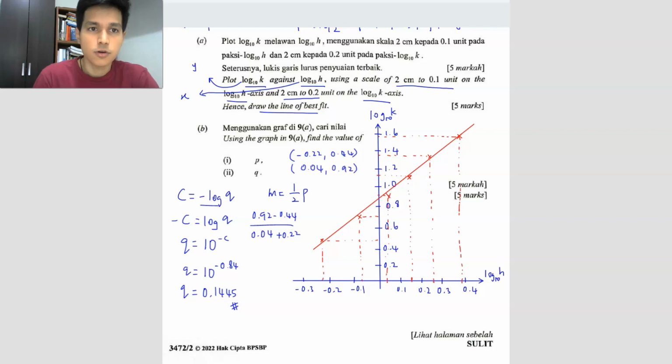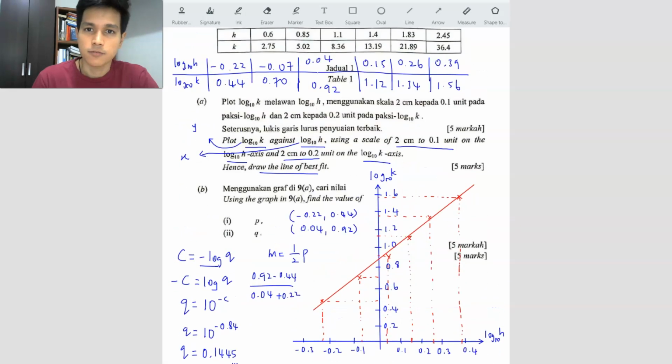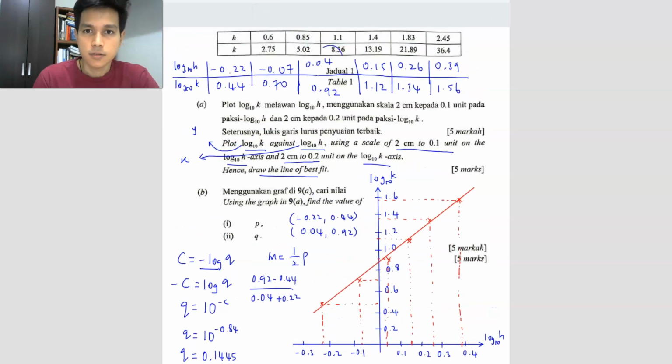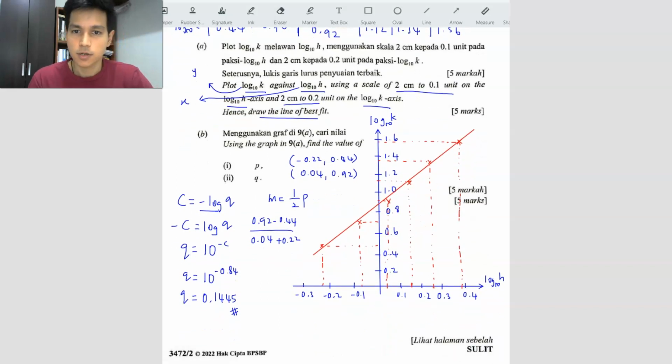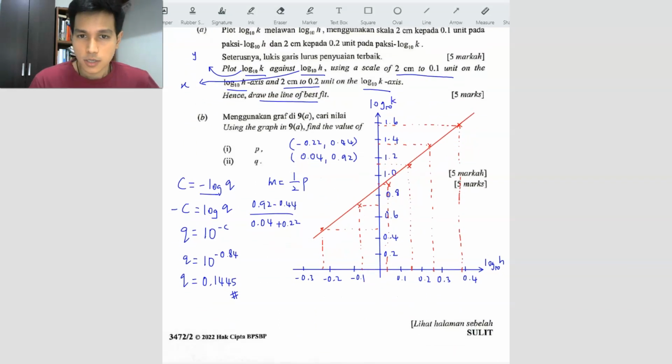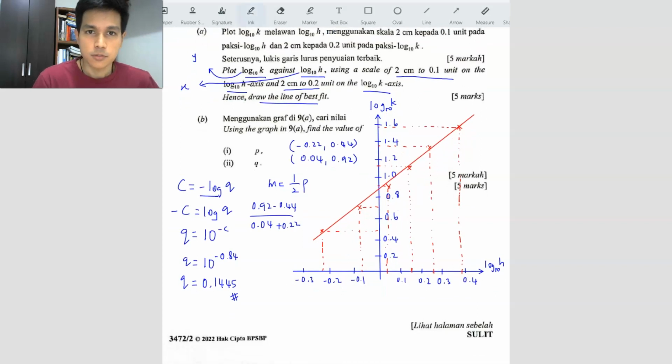Okay, these two coordinates are basically in the graph that I found. Okay, I use these two because when I draw the line, I connected the 2 points. So it's up to you which 2 points you want to use, but you will get quite similar.